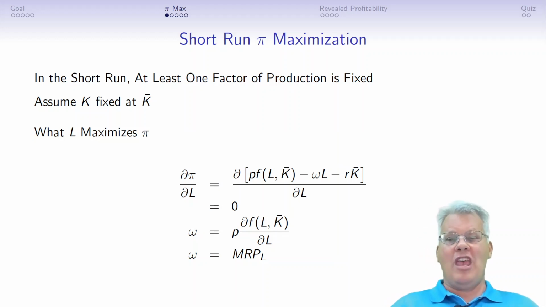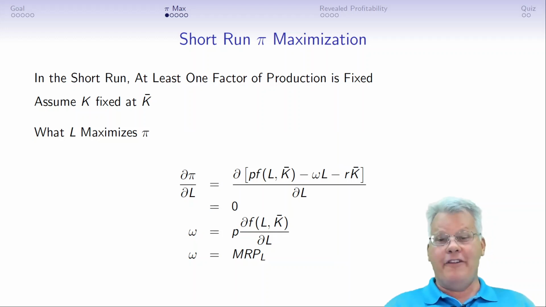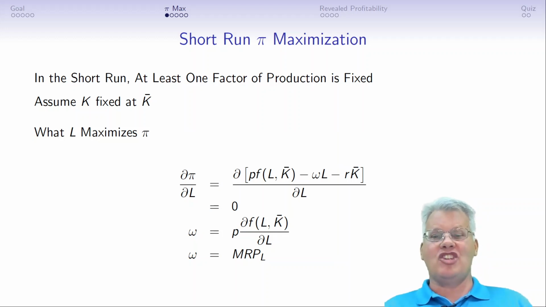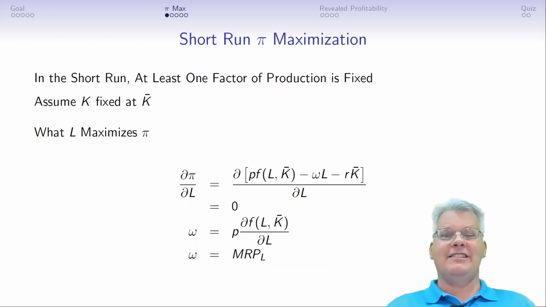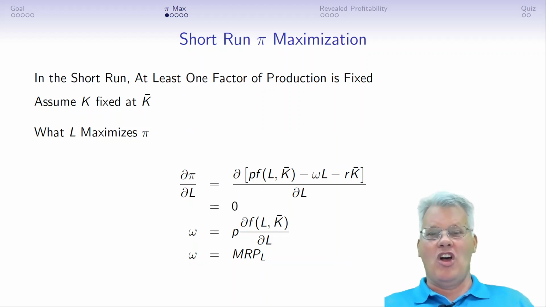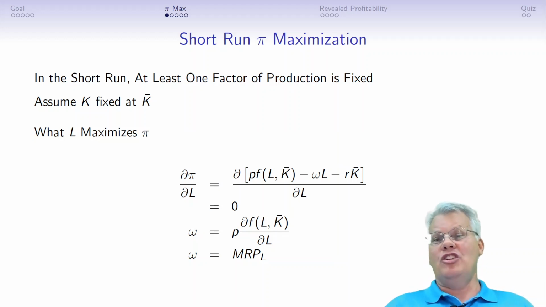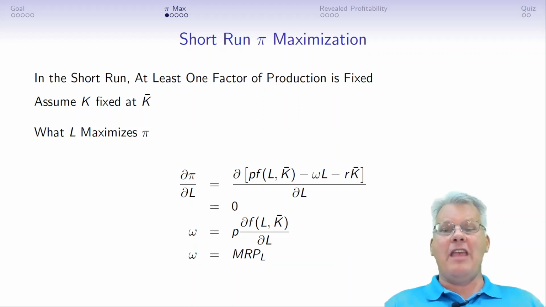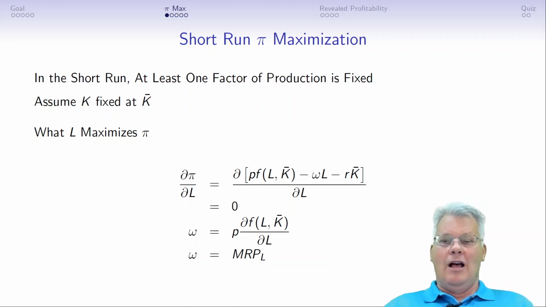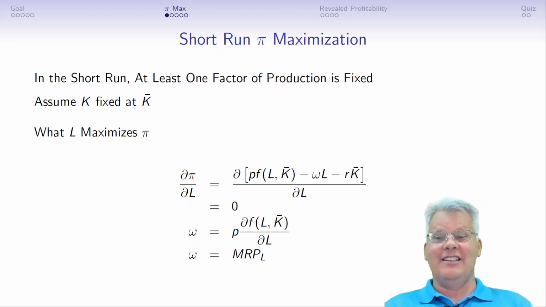So if we take our profit expression from the very beginning of this lecture, profit is price times the production function minus the cost of labor minus the cost of capital, and I take the partial of that with respect to labor and set it equal to 0, that should define for me the profit maximizing quantity of labor. Okay, so I can rearrange this and I get something very, very interesting.